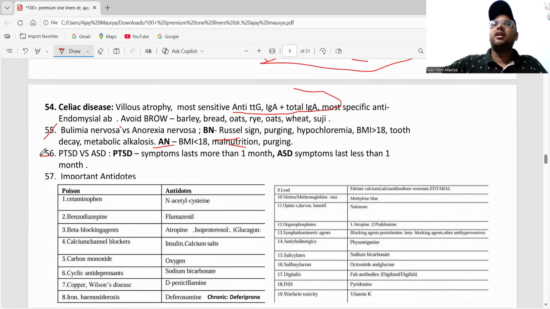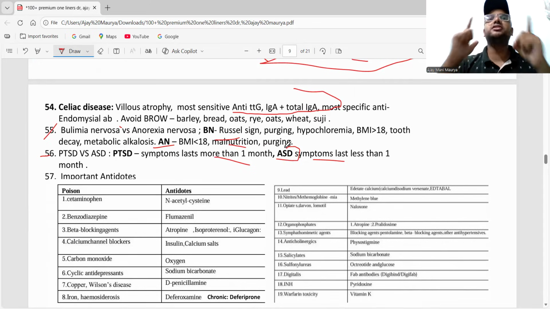After that she is having repeated flashbacks since 7 days. What is the diagnosis? If the symptoms are present for more than 1 month, it is PTSD. If symptoms are present for less than 1 month, it is ASD, acute stress disorder. So always read the question carefully.